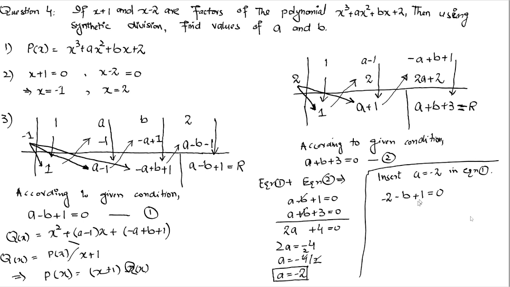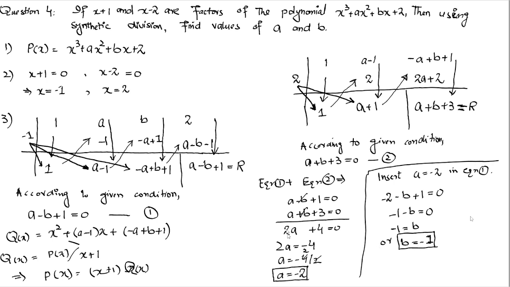So minus 2 plus 1 is minus 1, minus b is equal to 0. Take b to the right hand side. We have minus 1 is equal to b, or we can write that b is equal to minus 1. So the required values of a and b are minus 2 for a and minus 1 for b.